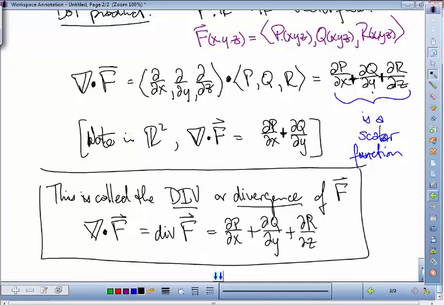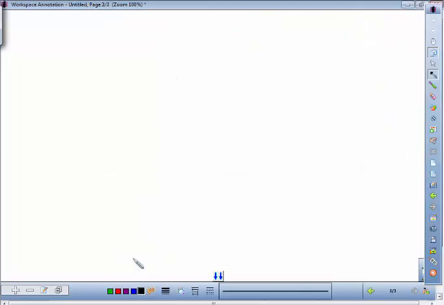So let's take a look at the cross product of this thing. And with a cross product, again, you need a 3-dimensional vector with a 3-dimensional vector. Suppose you could try to do it with a 2-dimensional vector. We've done that before with cross products, haven't we? Yeah, so the k component is 0 or something.